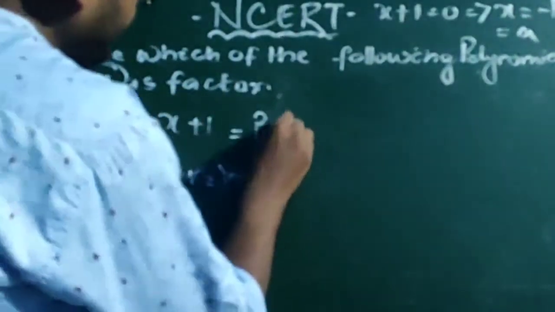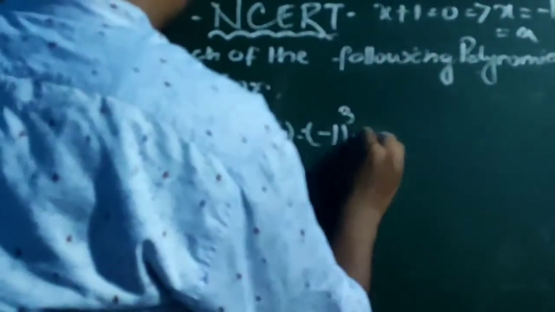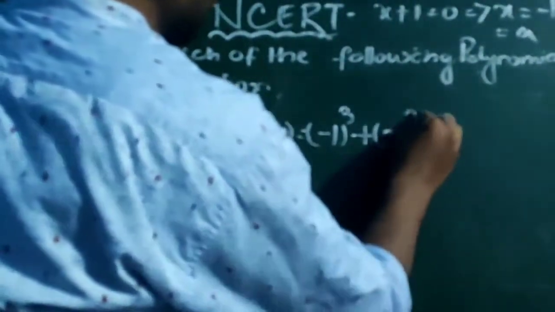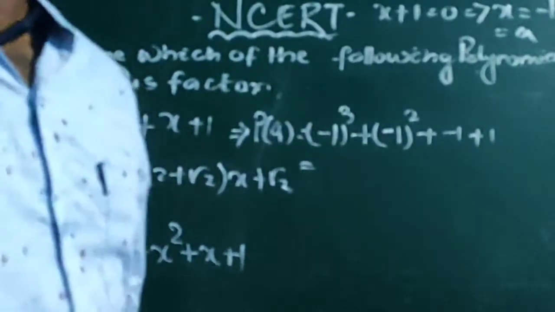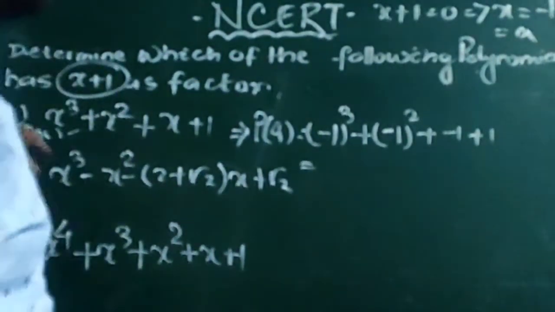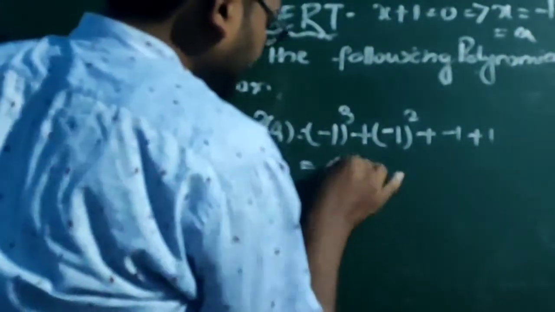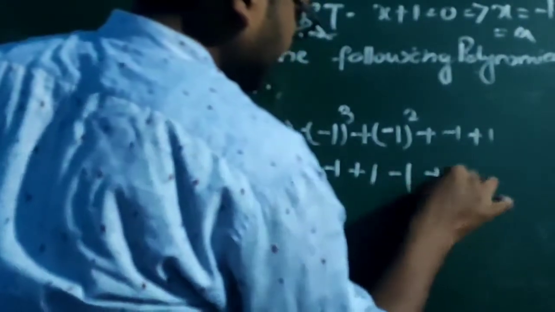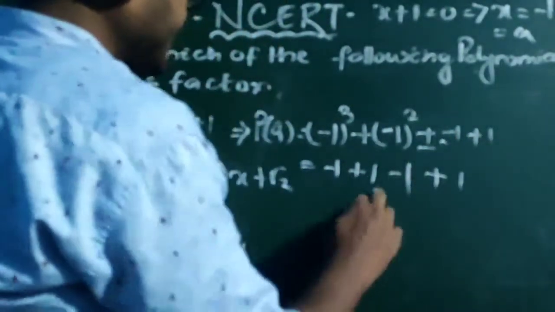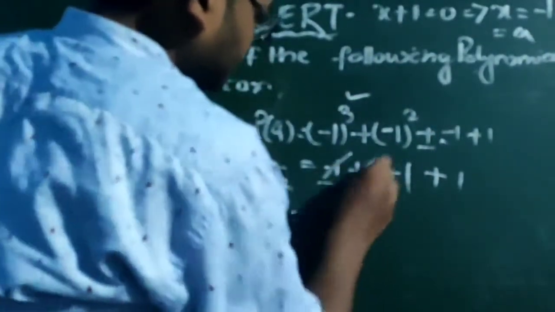Now p(a) will be minus 1 cube plus minus 1 square plus minus 1 plus 1. Here minus 1 plus 1 minus 1 plus 1, this is minus plus minus, so they cancel out.